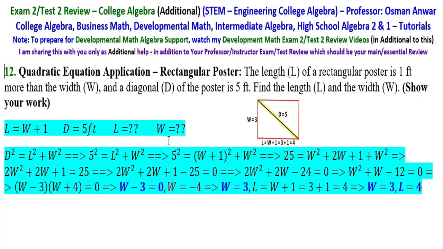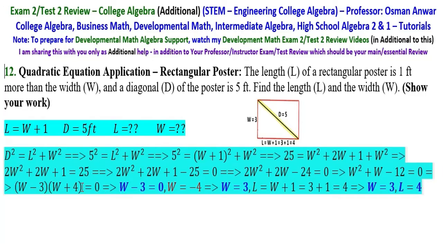So we know that D squared equals W squared plus L squared. That's the Pythagorean theorem. So that is 5 squared equals L squared plus W squared. That is 5 squared equals W plus 1 squared, that is L, plus W squared. That is 25 equals W squared plus 2W plus 1 plus W squared.